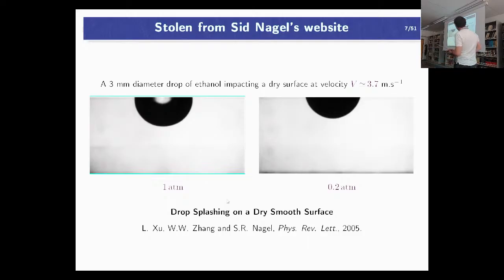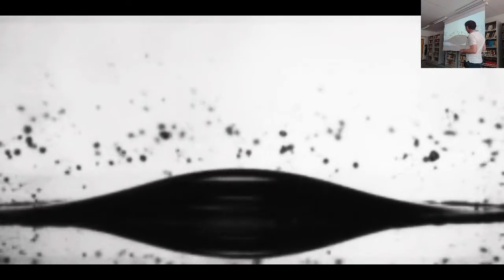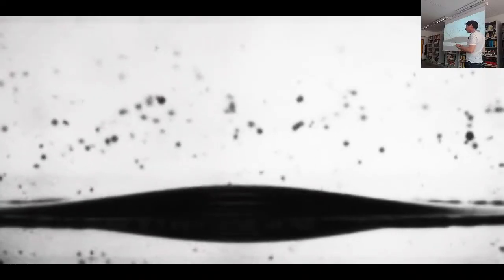So this was really stolen from Sid Nagel's website. I couldn't find the video, so I grabbed the video from his website without copyright. So this is the drop impact at atmospheric pressure. You see the rise of the corolla and the formation of small droplets.